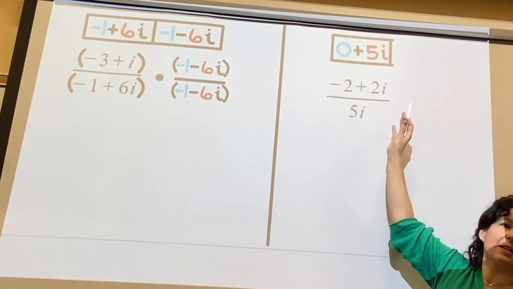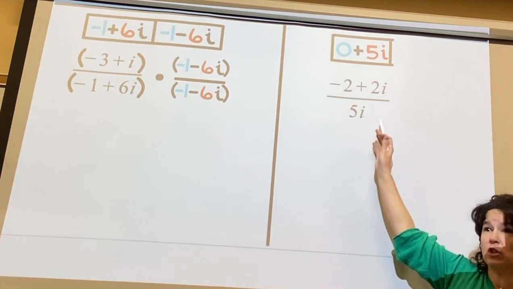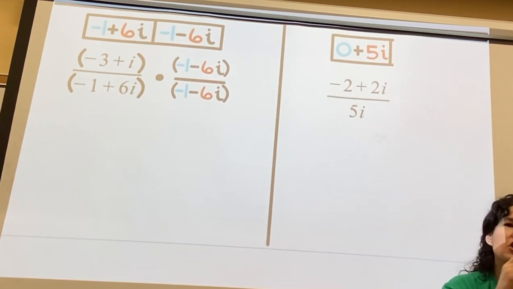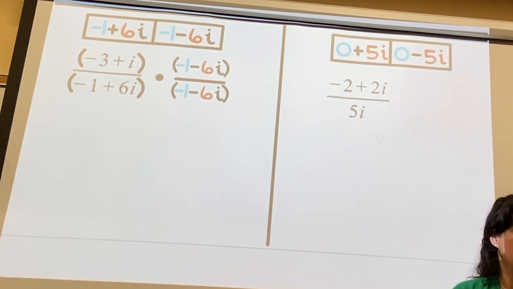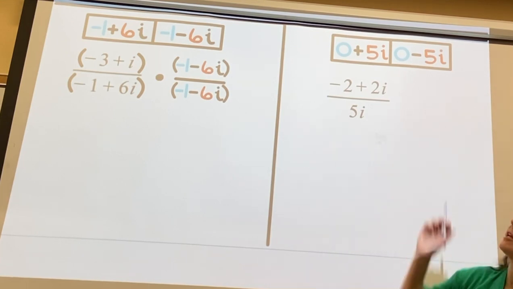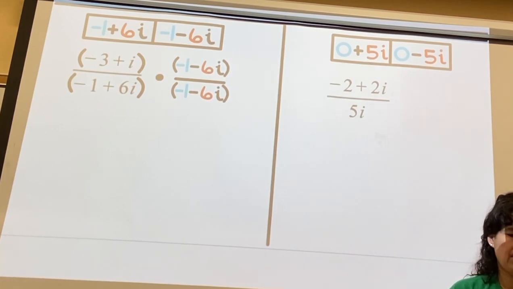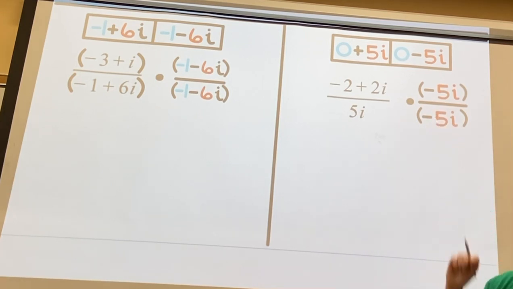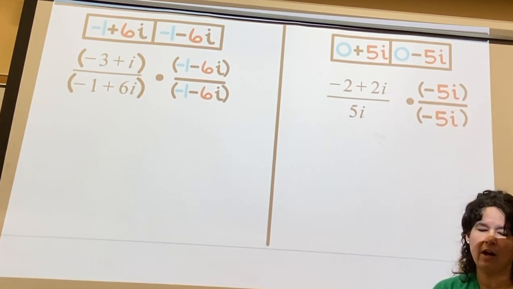Because 0 plus anything is itself, so we would have just 5i. And then conjugate, you change the sign on the i's. So it would be 0 minus 5i, which is the same thing as just negative 5i. So I would multiply the top and the bottom by negative 5i.